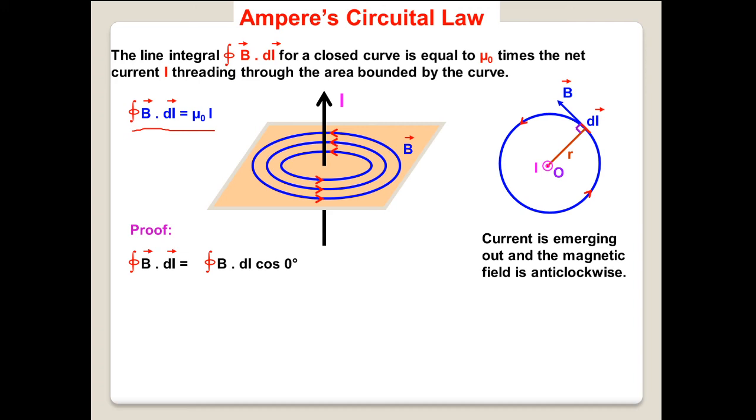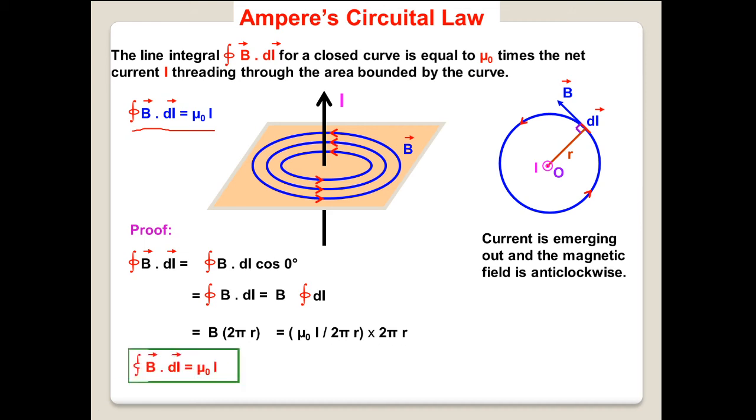Now B dot dl: the angle between magnetic field and dl is 0 degree, so its value will be B dl cos 0, and the integration of dl will be 2 pi r, so the line integral of B dot dl is B into 2 pi r, and that is mu naught I.